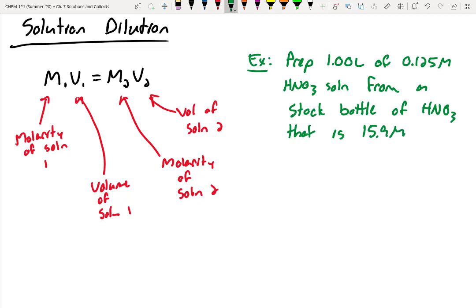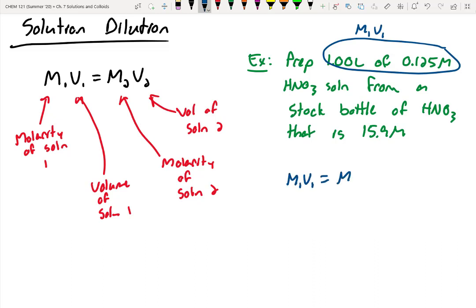Okay, so let's think about this. Let's just call these values M1 and V1. All right, so we know that M1V1 equals M2V2, and down here, the only thing that we're really given is M2. However, we need to figure out how much of the stock bottle volume we need.